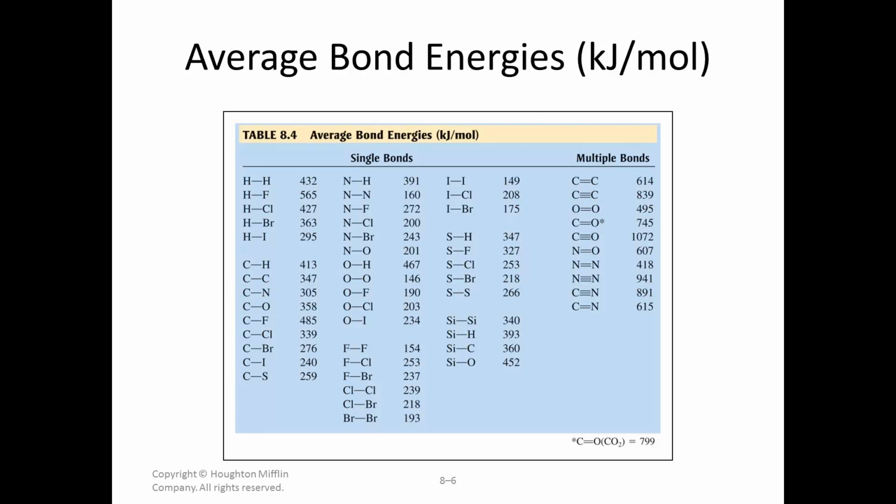And a carbon-carbon triple bond is 839 kilojoules per mole. We see the same trend with oxygen, where an oxygen single bond is 146 kilojoules per mole for homonuclear oxygens. When we have an oxygen-oxygen double bond, we're looking at 495 kilojoules per mole.